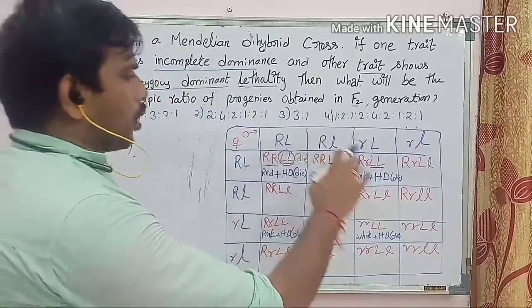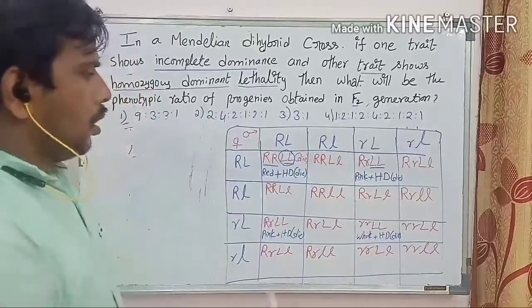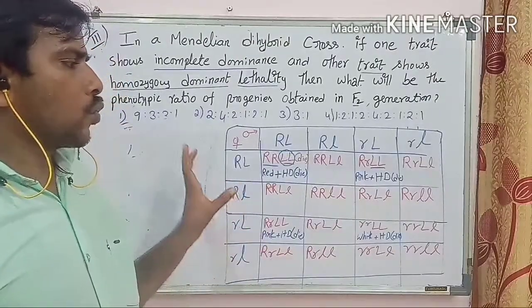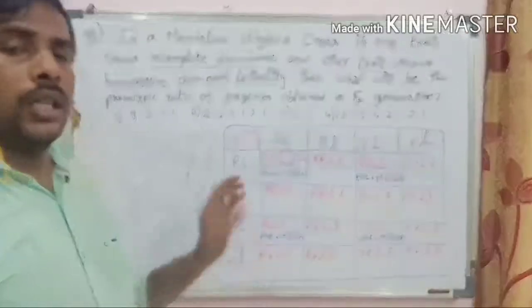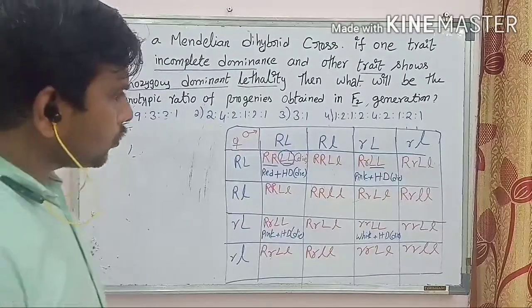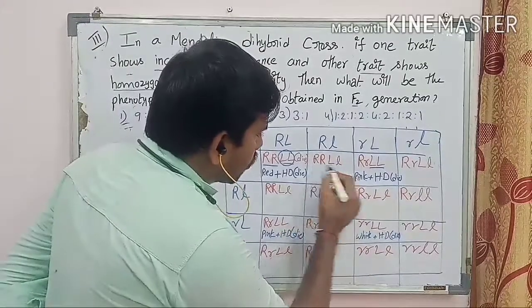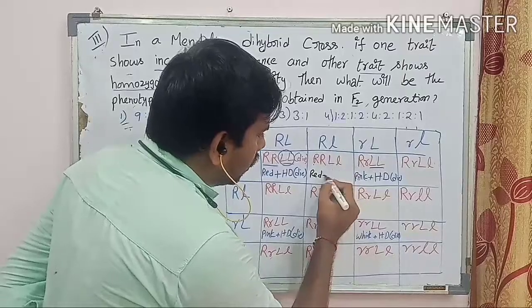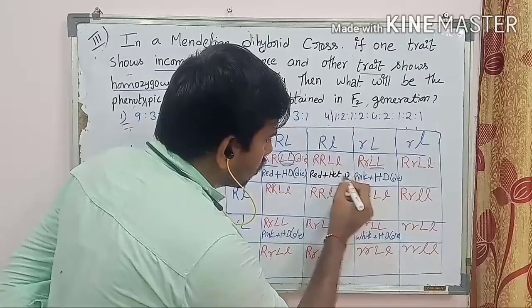Now among these 16, a total of 4 will be dying. The remaining will be 16 minus 4, only 12 will be alive. Now we'll see what are those 12. Take this genotype, capital R, red and heterozygous dominant.